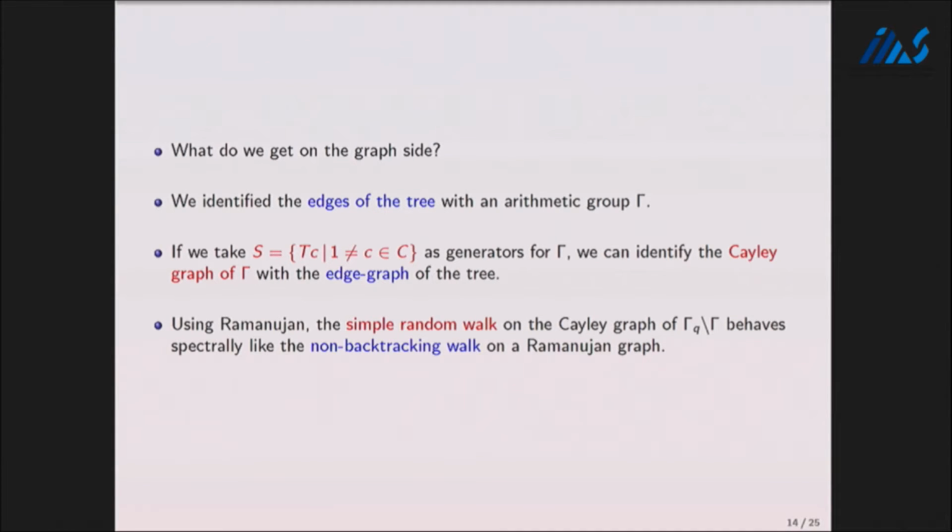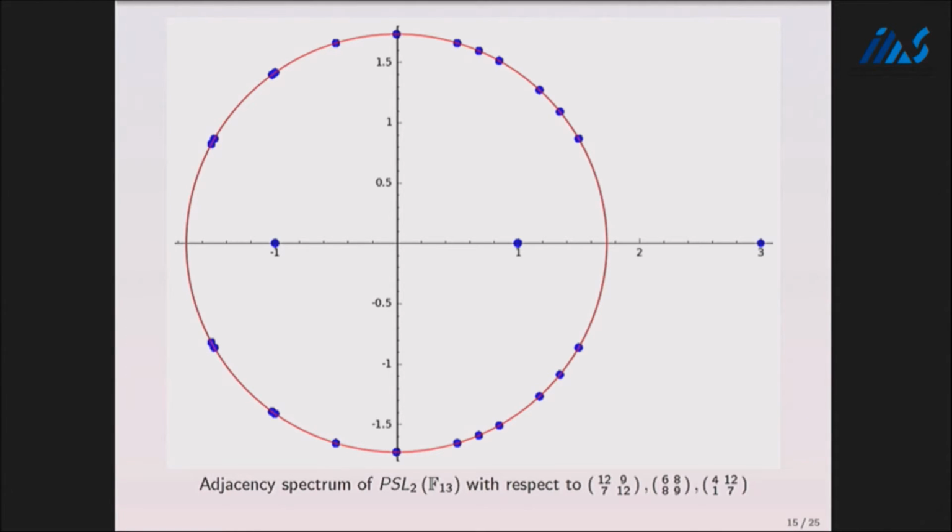So I went and computed this, I just said I like computing things, and it really works. So you can get here a Cayley graph of PSL2 F13 with respect to 3 matrices coming from the Pauli matrices. And I think some of you definitely should recognize the spectrum of a non-backtracking walk on a Ramanujan graph, with the trivial eigenvalue, the circle at radius square root of the degree, and the plus minus 1, I think.